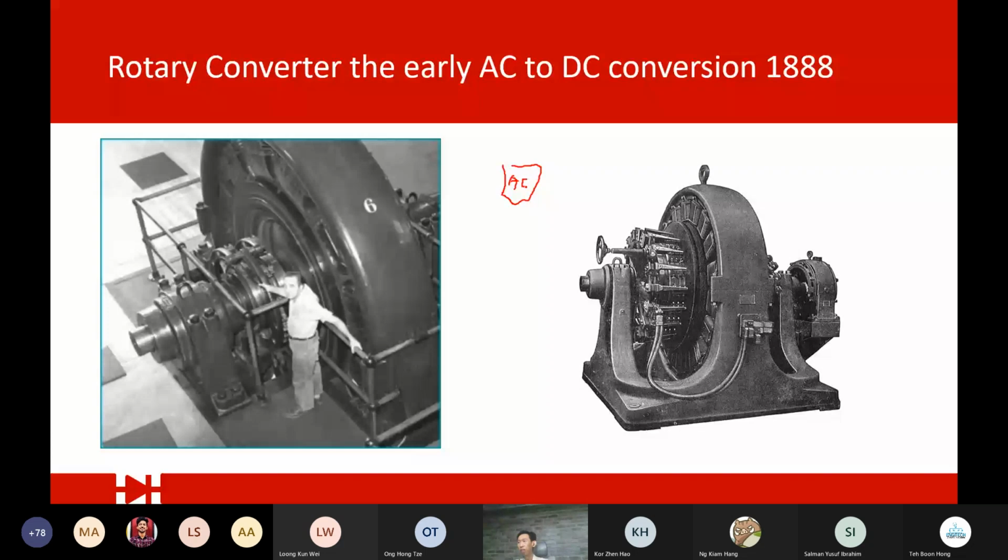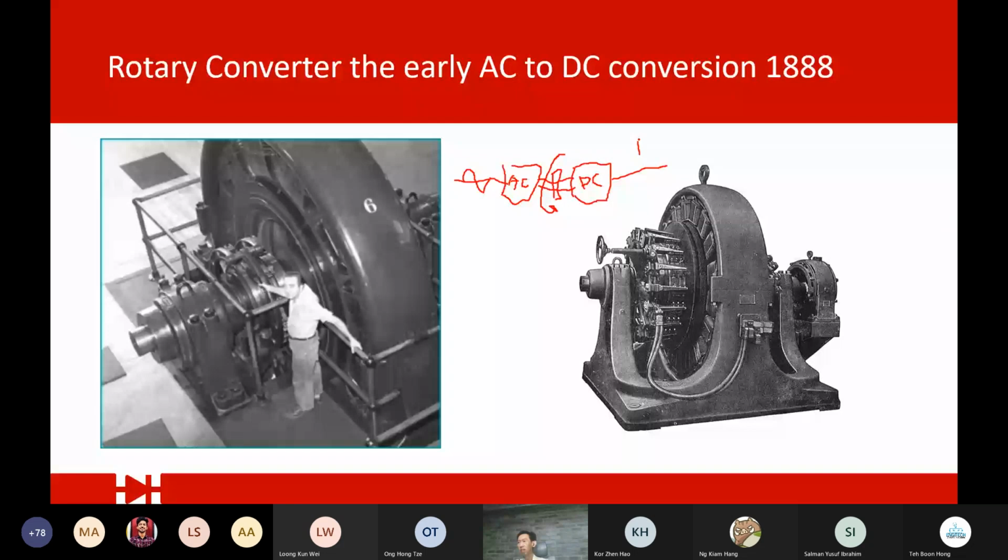To convert it to DC, it is connected to a DC machine, so it is mechanically coupled. The moving shaft is mechanically coupled so that the rotation will convert it to DC.